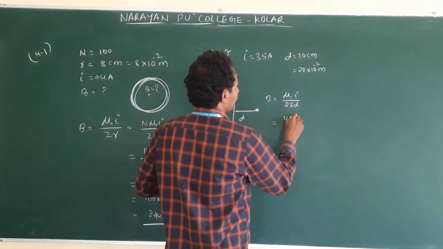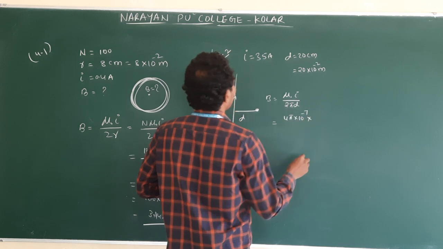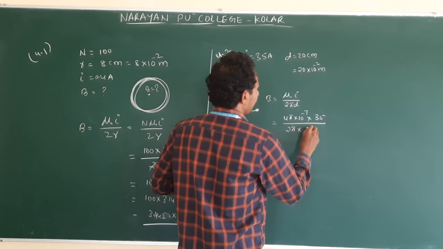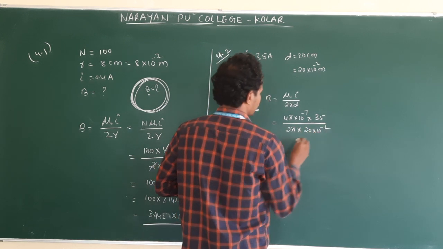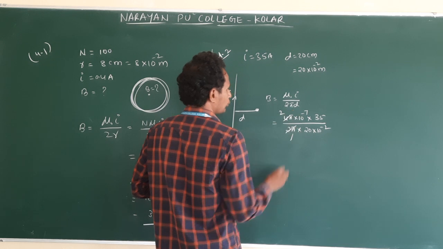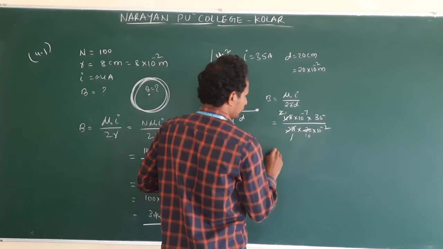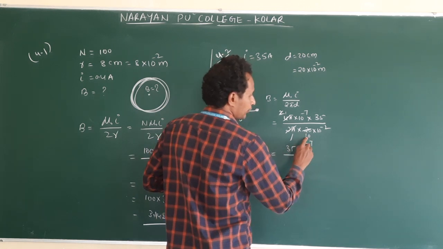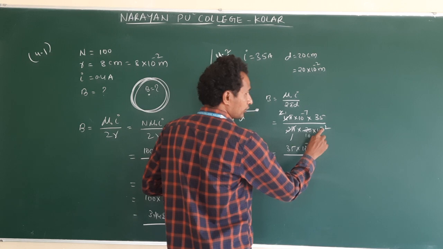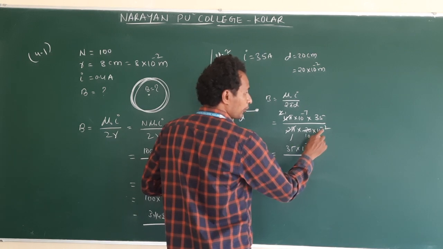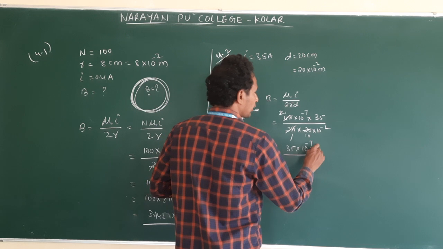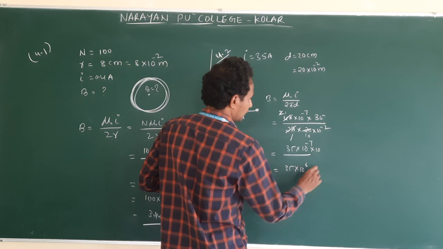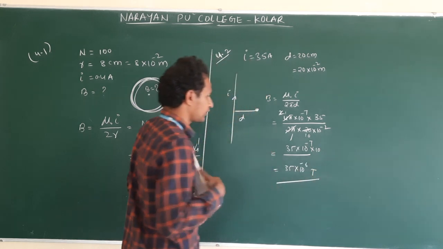Mu naught is 4 pi into 10 power minus 7, I is 35 ampere, 2 pi as it is, d given as 20 into 10 power minus 2. 2 pi ones, 2 pi twos. 2 ones, it is 10. So 35 into 10 power minus 7. Here 10 is there, minus 2 is there. 10 into 10 power minus 2 is 10 power minus 1. 10 power minus 1 comes up, it is 10. It is 35 into 10 power minus 6 Tesla.